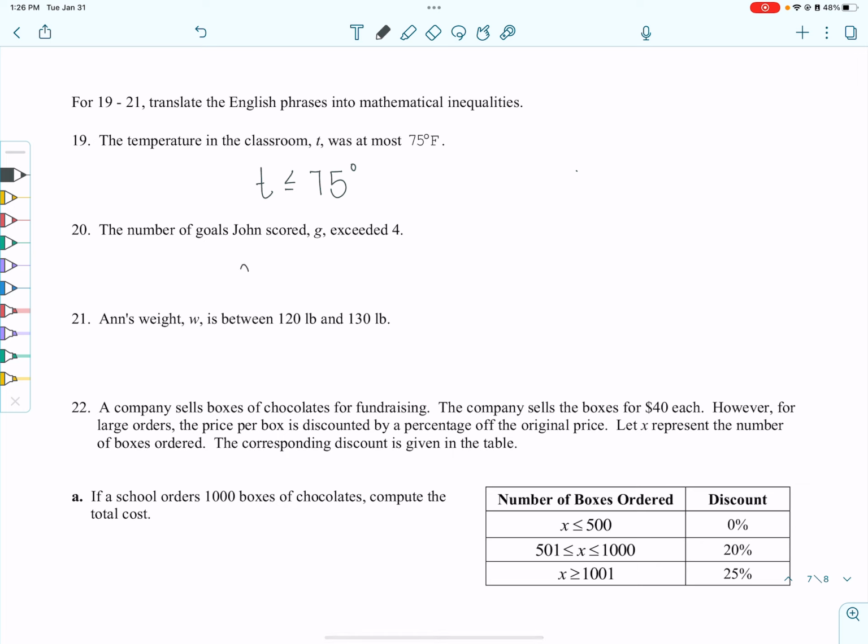So it was G, the goals, greater than 4. Anne's weight, W, is in between 120 and 130.